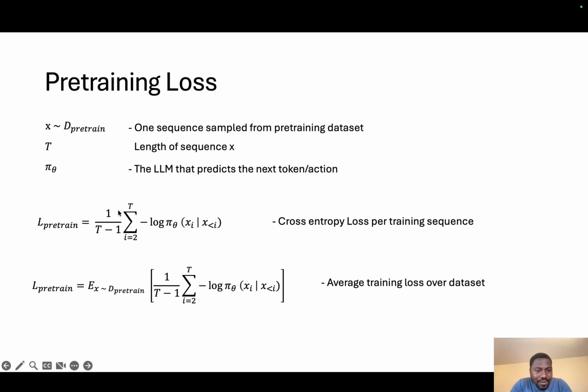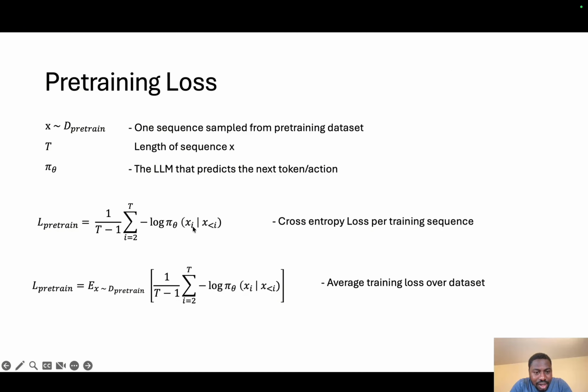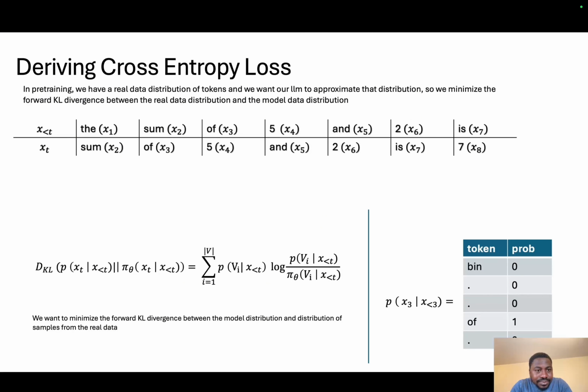So you average over T minus 1, you start from i equals 2, and you take the negative of the log of p of xi given x less than i, right? So that's like x3 given x less than 3, for example. And so you do an average over this over a single sequence. Basically, this is the per token loss, and then this is the per sequence loss, and then you do a per data set loss, typically per batch over a data set. So we just do an expectation over a single batch.